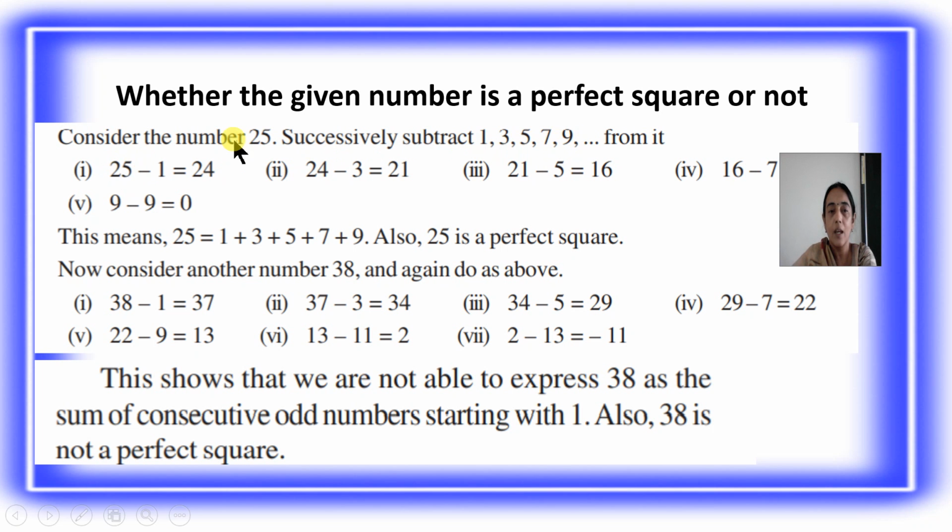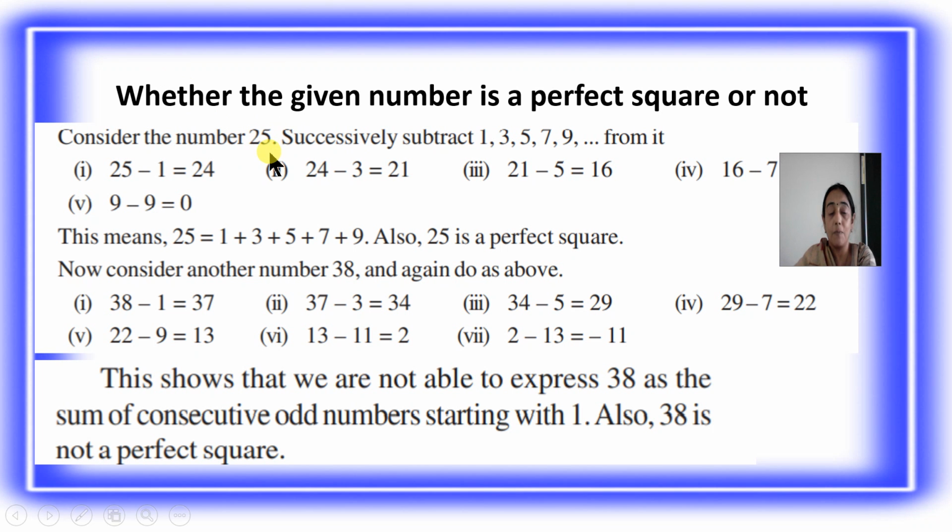Now this number 25, I want to find out whether it is a perfect square or not. We know that it should be the sum of the first 5 odd numbers, isn't it? It is 25. But suppose we don't know. This we know, but we don't know whether the given number is a perfect square or not. Then always we see the last digit 5.